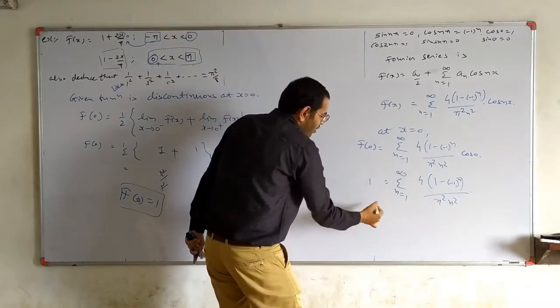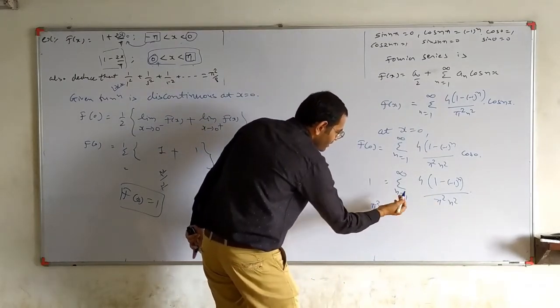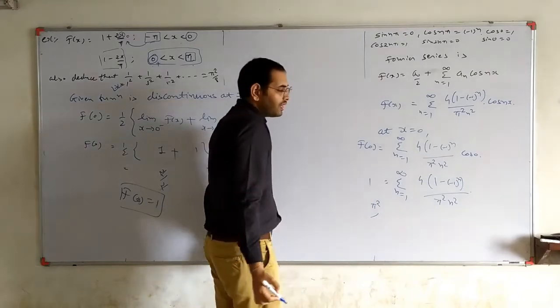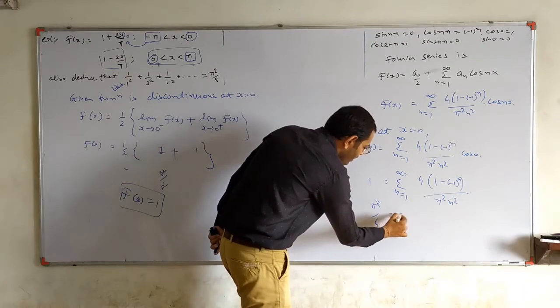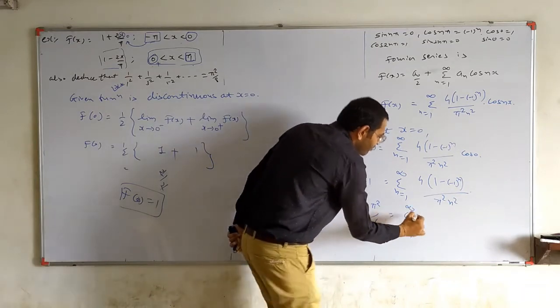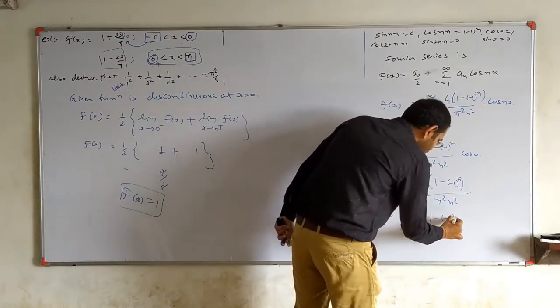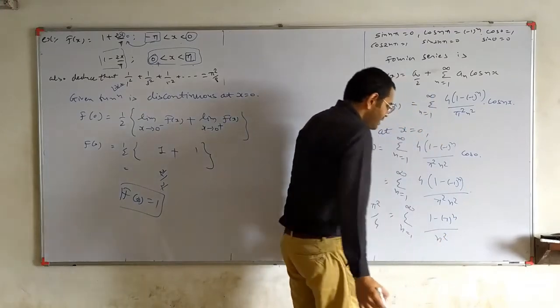F of 0 is also 1. So 1 equals summation n equal to 1 to infinity 4 times 1 minus 1 raised to n upon pi square n square. This pi square and 4 come to the left side, so we get pi square by 4 equal to summation n equal to 1 to infinity 1 minus 1 raised to n upon n square.